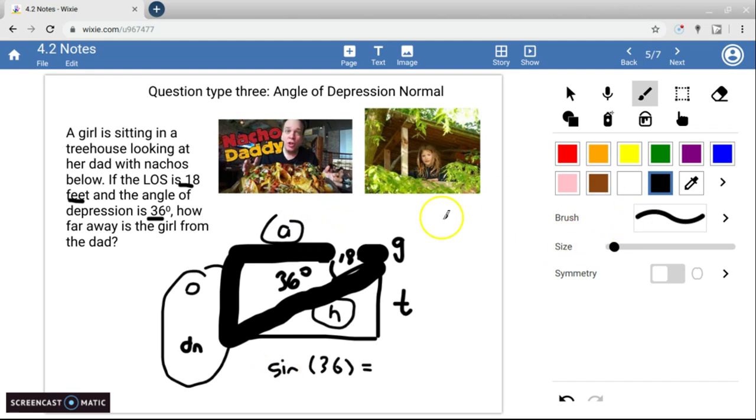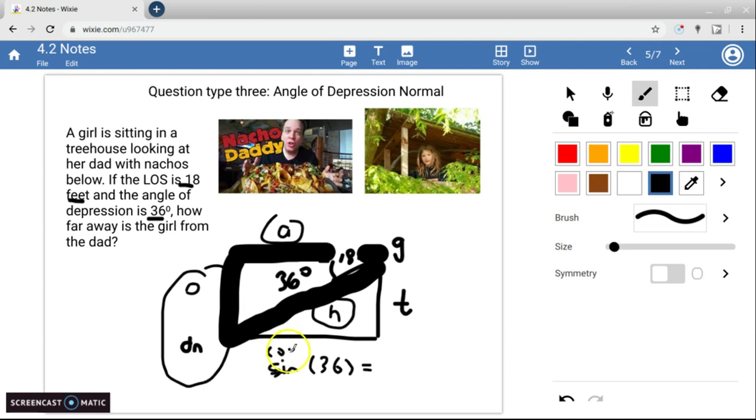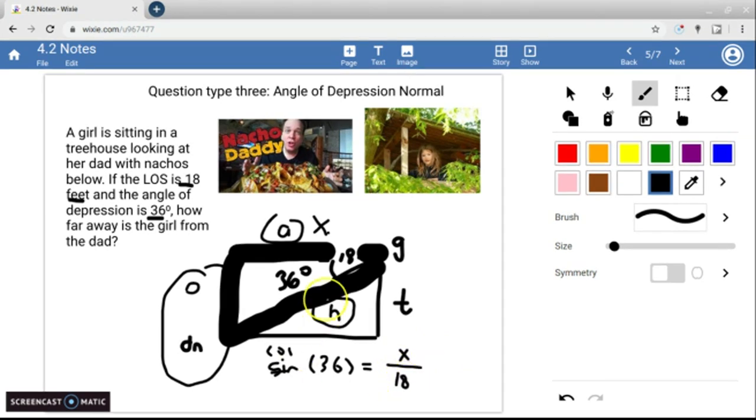We're using cosine actually. So cosine of 36 equals, we're going to label that x because that's what we're trying to find, and then A over H. So x over 18, because remember this length, which is the H, is going to be the 18 feet. And then you would solve by multiplying 18 by cosine of 36.